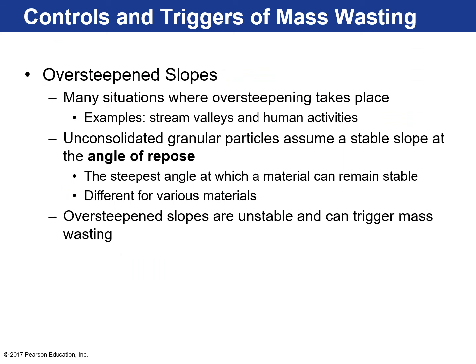Okay, another trigger for mass wasting events, meaning something may occur to cause a mass wasting event, because mass wasting events can occur out of the blue. Landslides can just happen without any real trigger to it. But a lot of times mass wasting events or landslides can occur because there's a trigger.